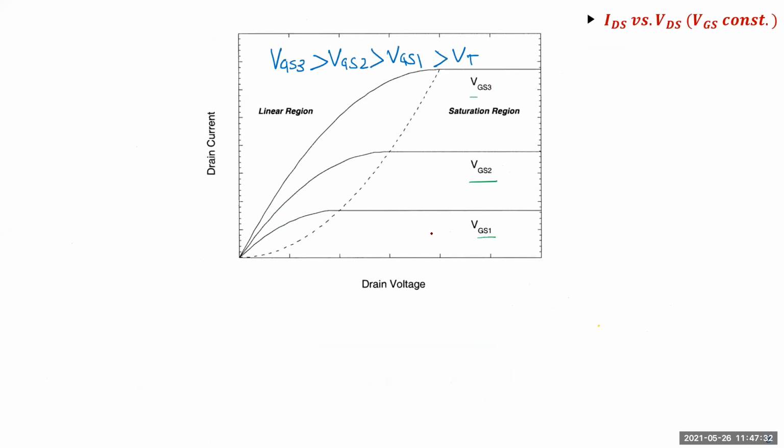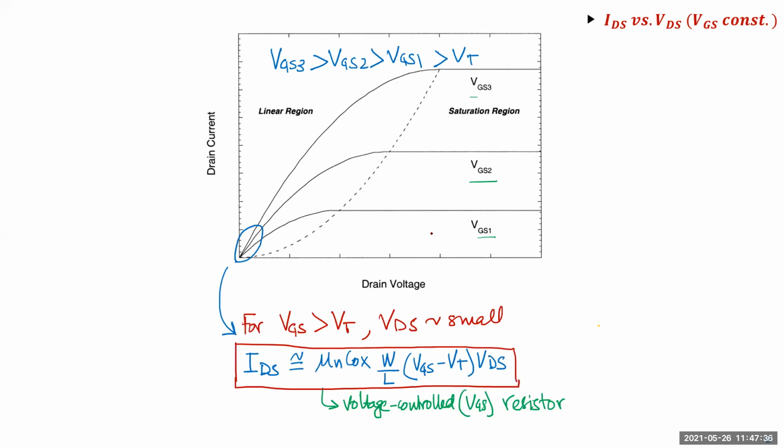Okay, so now I'm going to summarize those three equations. What we are looking at is the drain current, so we call it IDS. This is your drain voltage, VDS, and it's a family of curves because I'm changing VGS as well.